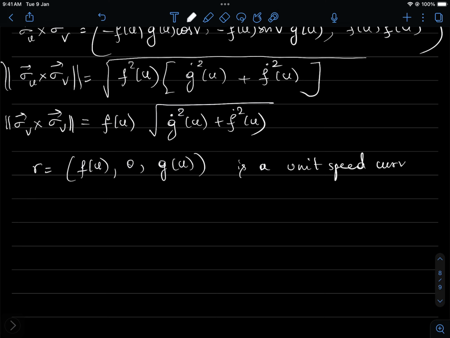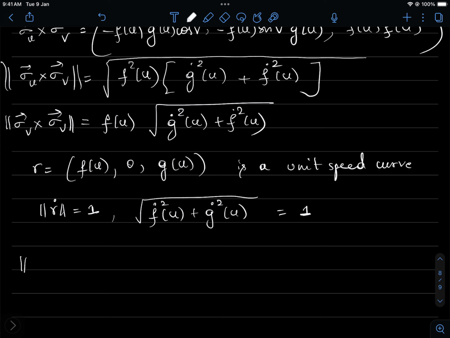What does it mean? The magnitude of gamma dot is equal to 1. So what is the norm of gamma dot? The norm of gamma dot is f dot of u squared plus g dot of u squared, which is equal to 1. This is given in the question.